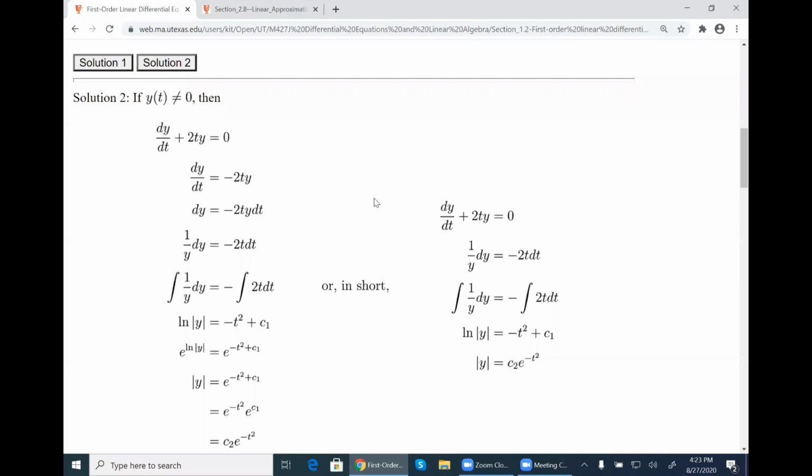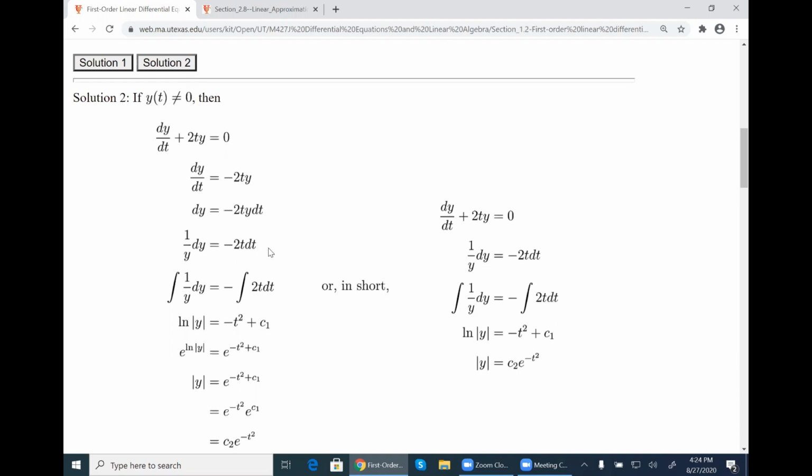Here's why we split the solution into two cases. Since y of t is not equal to 0, we can safely divide both sides here by y. If we divide both sides here by y, we get this.